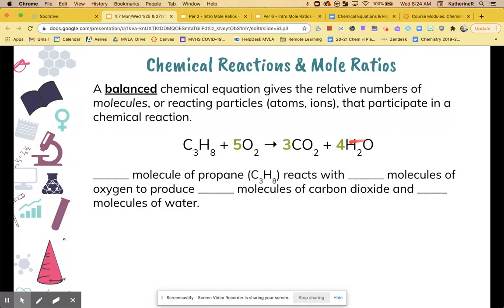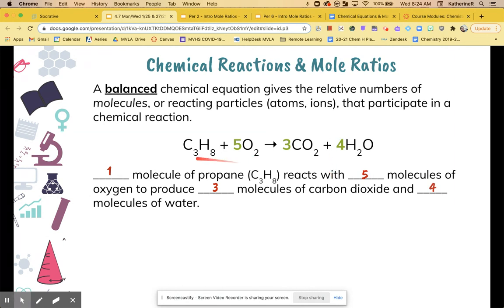And so I can read this equation, thinking about how many molecules are actually a part of this reaction. So 1 molecule of propane, which is C3H8, reacts with 5 molecules of oxygen to produce 3 molecules of carbon dioxide and 4 molecules of water.